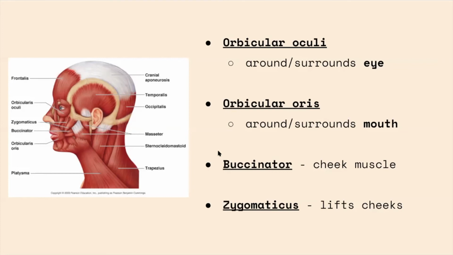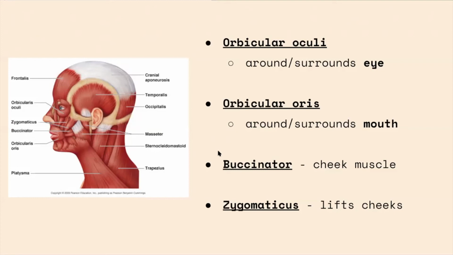And now we have the orbicularis oris. When you hear the word oris, what do you think? Yeah, oral. Oris, it's the mouth. So orbicular, surrounding, around the mouth, oris, the mouth.